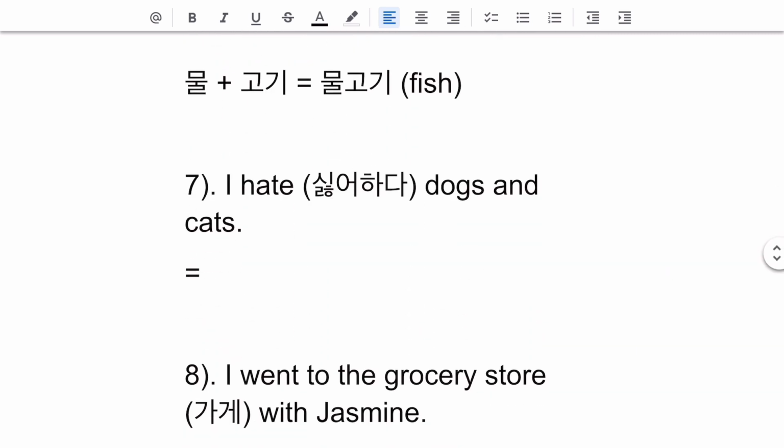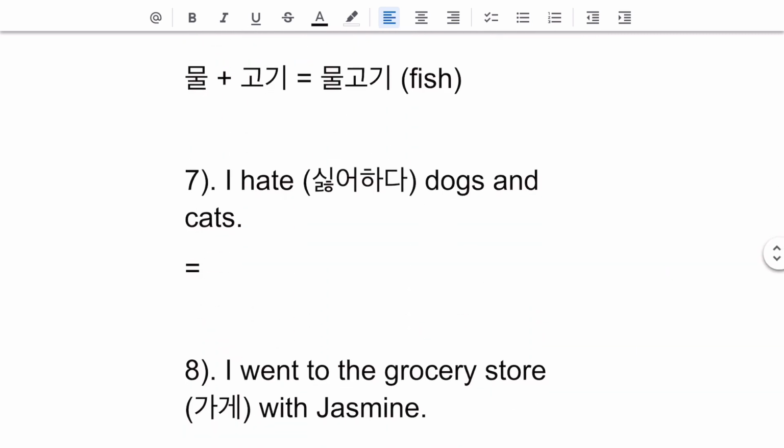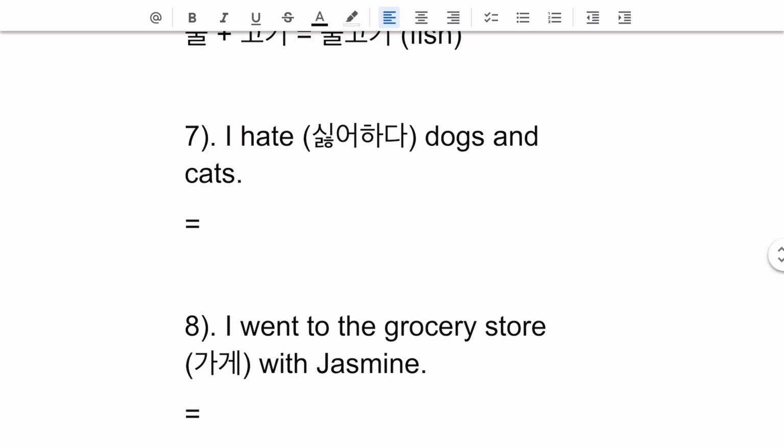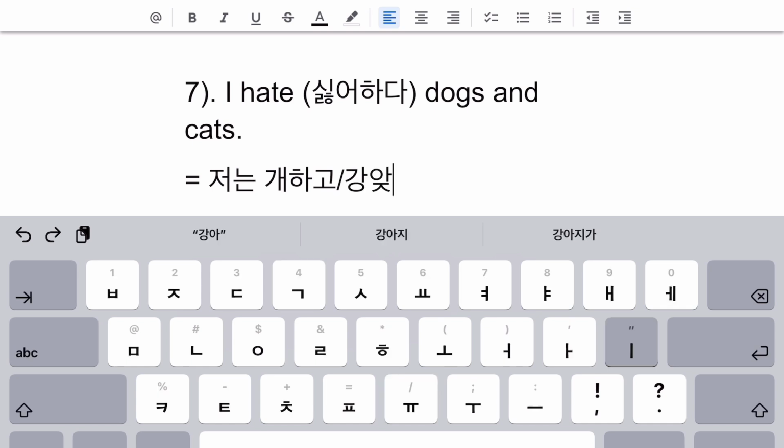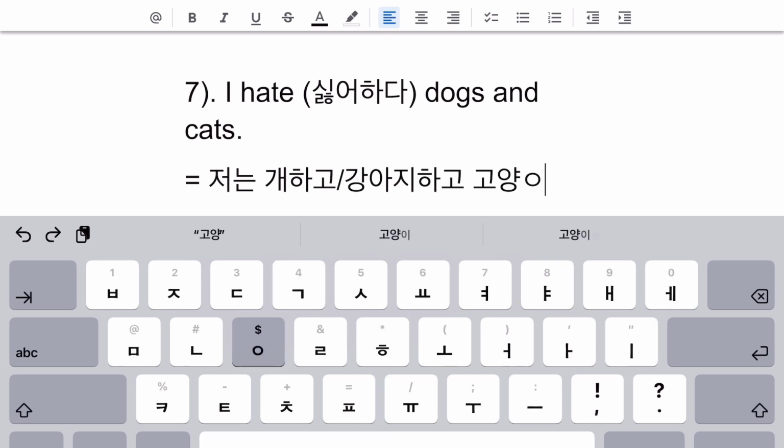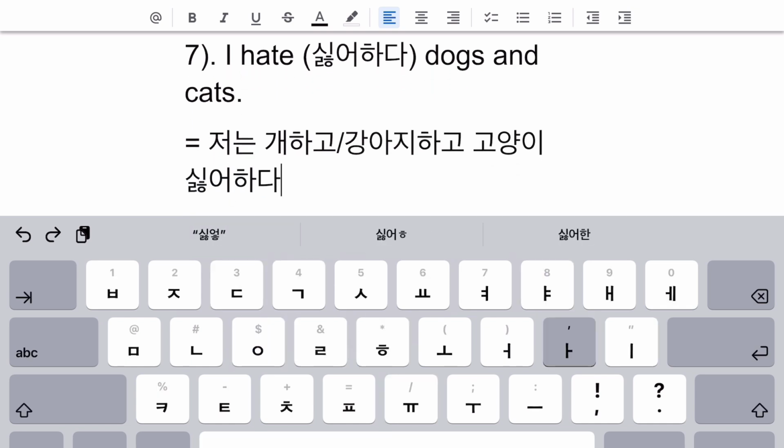Next one. I hate dogs and cats. It hurt me just to put this in here. Trust me, I don't hate them. I love both. But, you know, I could have said I like both, but it's good to learn how to say I hate. I think 저는, so dog. 개 could be 개하고, or 강아지하고, 고양이, and then a verb. 싫어하다.